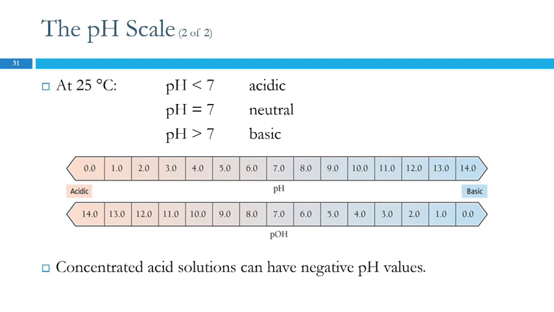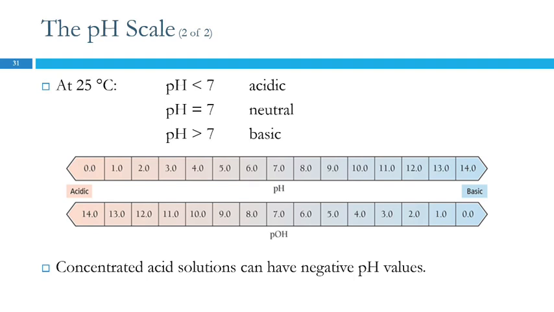I know that seems a little backwards. pH less than 7 is acidic, neutral is 7, pH greater than 7 is basic. We can also look at a pOH value. The P is just a function, negative log of whatever's after it. And so that one's going to be sort of a mirror image of the pH scale. And then this is interesting. Concentrated acid solutions can have negative pH values.